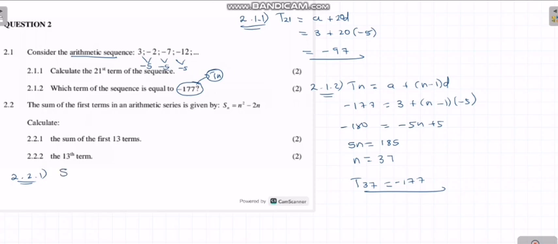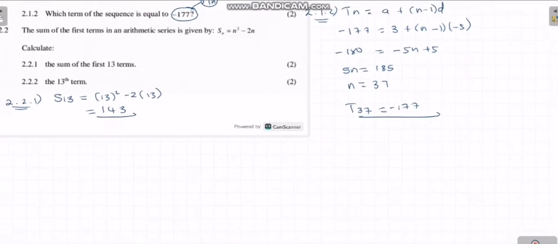So 13 squared minus 2 into 13. So 169 minus 26, which is 143.